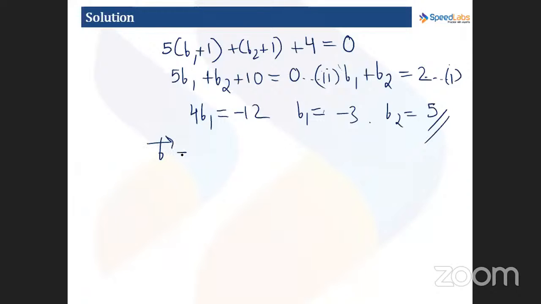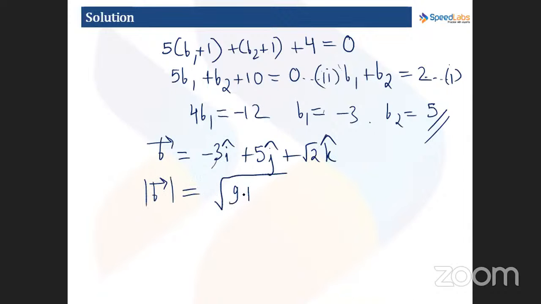So B vector is minus 3 i cap plus 5 j cap plus root 2 k cap. I had to find the modulus of B. So it is root of 9 plus 25 plus 2, which is root 36, which is 6. So I hope you understood the solution.